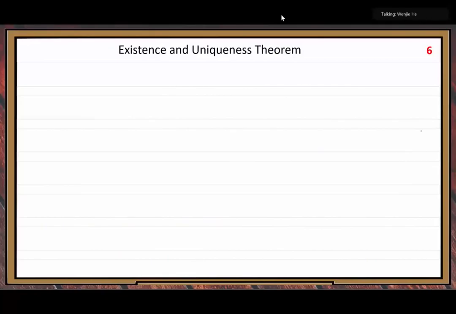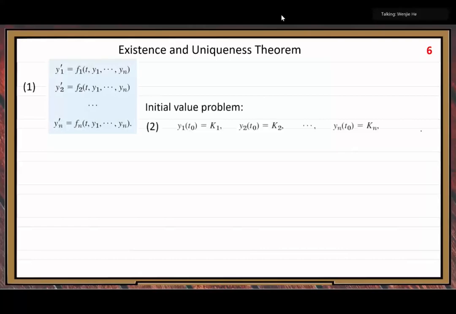Existence and uniqueness theorem. So in first order, second order, we studied the existence uniqueness theorem. Here, for this general case, let's look at the existence uniqueness theorem. We consider this system. But in this system, we do not say little f1, little f2 are all linear functions.